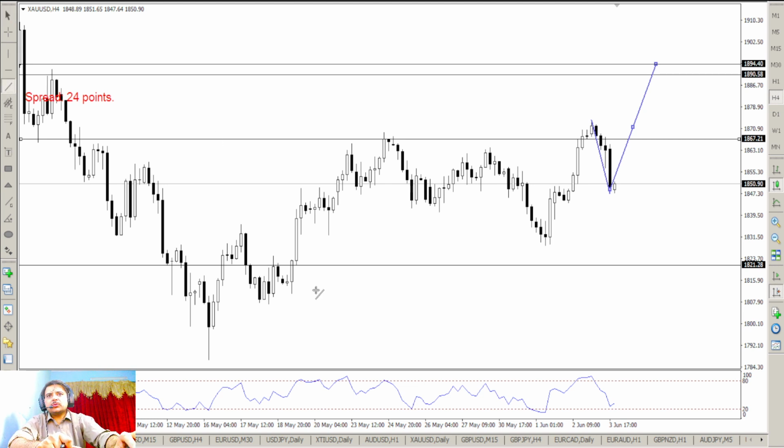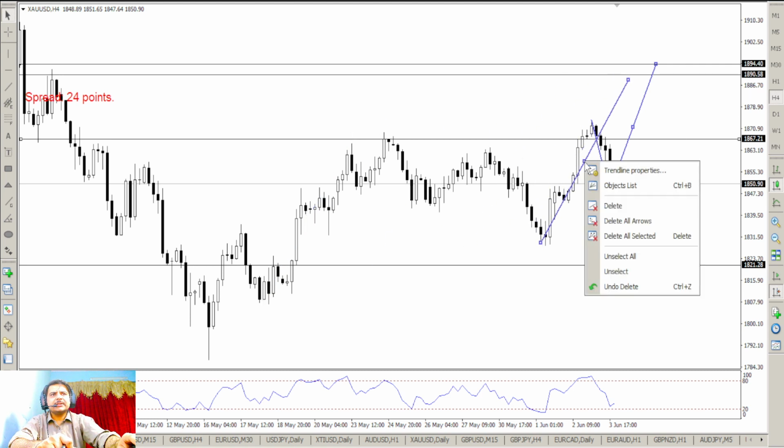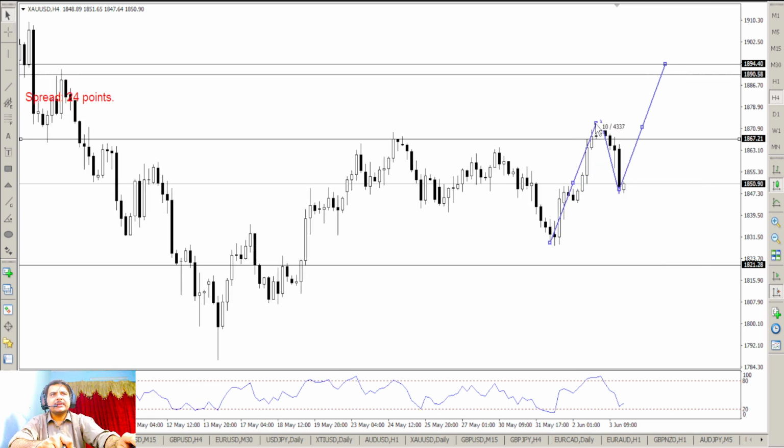So one impulsive wave right here is going to complete near 1890. Let's delete that for now, or let's adjust it like this.